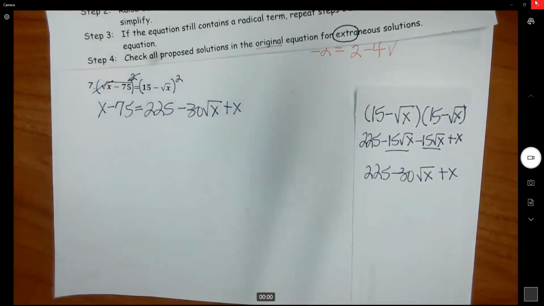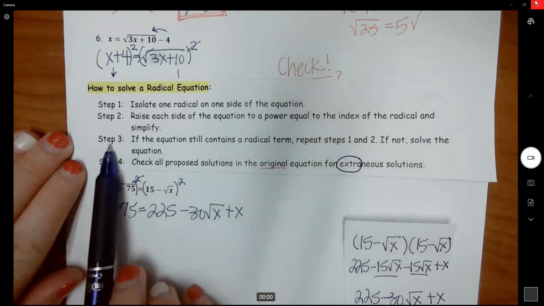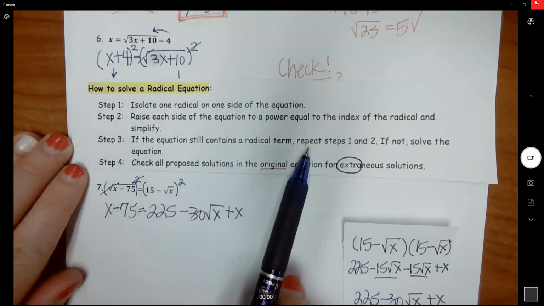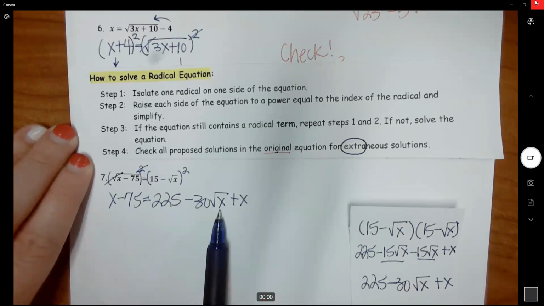Okay. So back up here to these, we have not had to use the step 3. It says if the equation still contains a radical term, repeat steps 1 and 2. I still have a radical term, so I need to repeat steps 1 and 2.